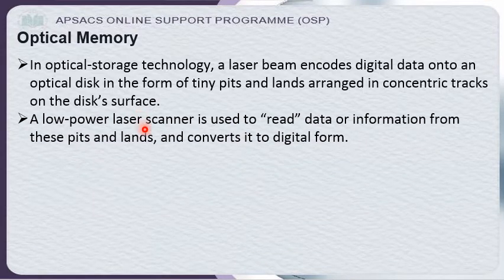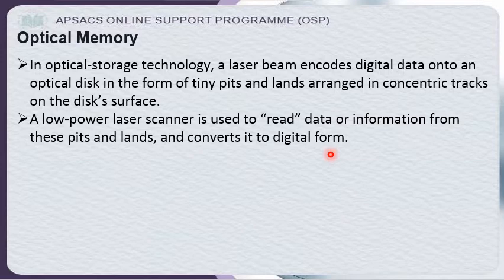A low power laser scanner is used to read the data or information from these pits and lands and convert it into digital form. So again, a laser scanner is used.